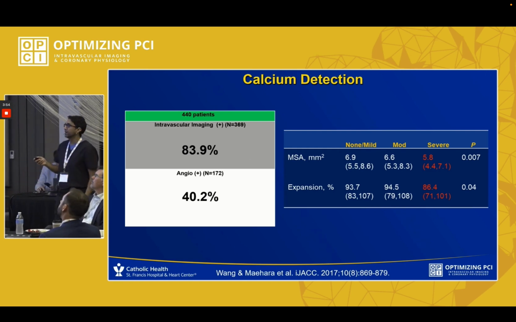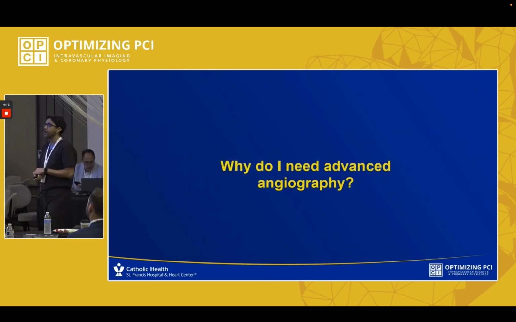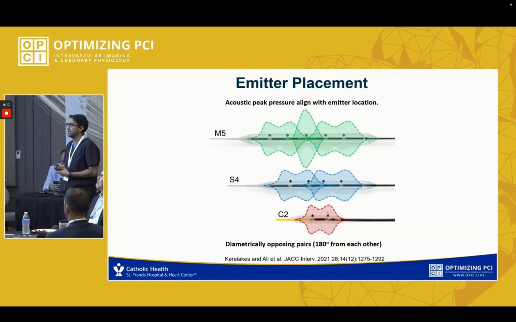So we need to be able to identify that. So the angiogram is definitely the gatekeeper. You don't pull out an intravascular imaging case if you don't see calcium to do a calcium-guided therapy. What would happen in that case is that you find calcium incidentally. That's the 40% of cases where you can't see the calcium on angiogram that you actually end up seeing on the intravascular imaging.